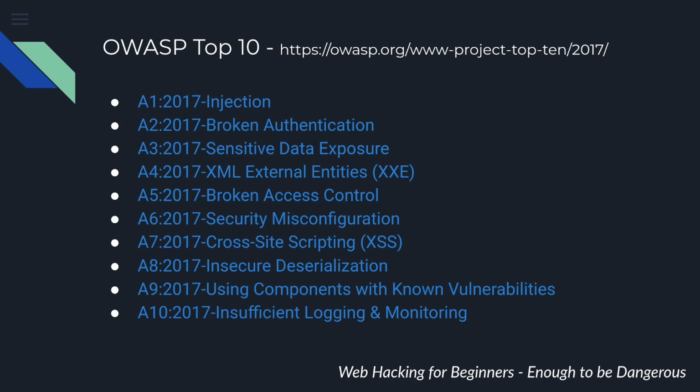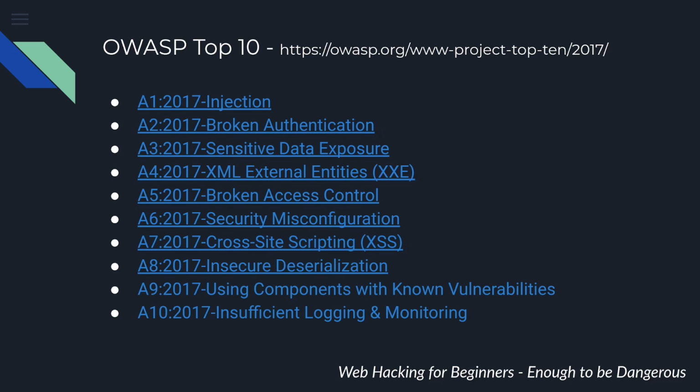It's a great list, but for learning exploits, it's a little bit harder to use as a starting footprint because, like you see on the screen, A9, using components with known vulnerabilities, is a vulnerability in itself, but it's difficult to fully test a web application that just uses vulnerable components, because the vulnerable components might not actually make the application itself vulnerable, depending on how it's implemented. There are a lot of those items in the 2021 version, so we're going to be using the 2017 version.